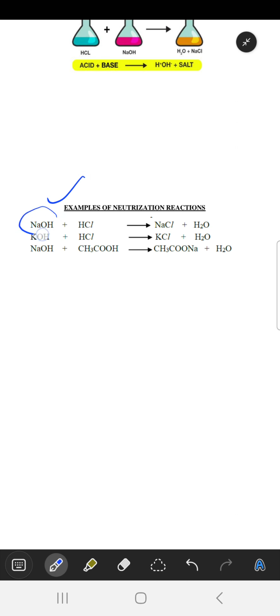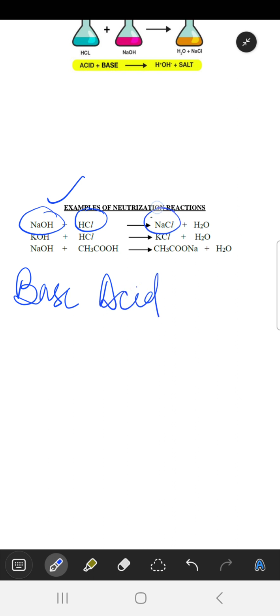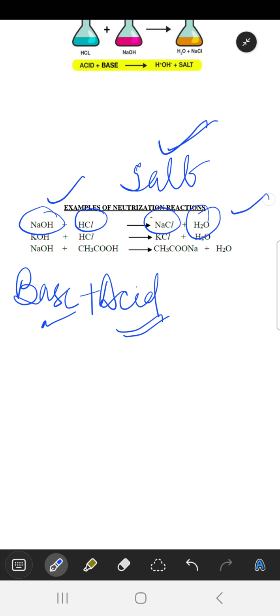When sodium hydroxide, that is base, reacts with HCl, that is acid, what we get is NaCl, that is salt, and water is released. So in neutralization reaction, base reacts with acid to form salt and water.